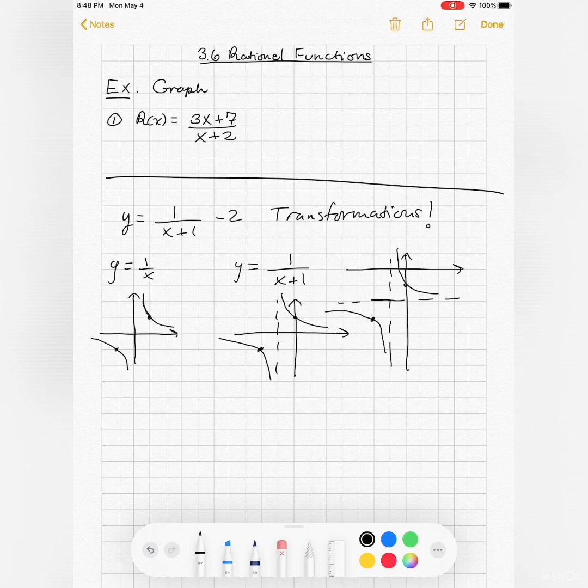So I could get the graph of that function really quickly via transformations. The thing is, with the problem I'm doing up here, I can't actually see the transformations because I have that x in the numerator. So if I want to do this problem by transformations, I'm going to have to put this into transformation form. That'd be option 1.